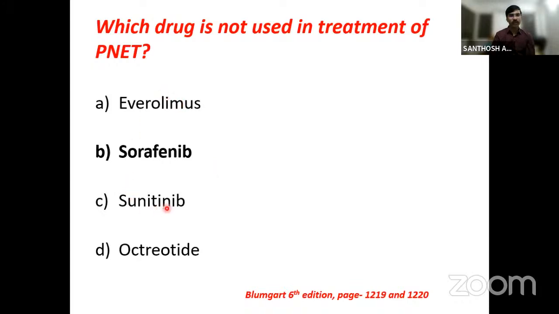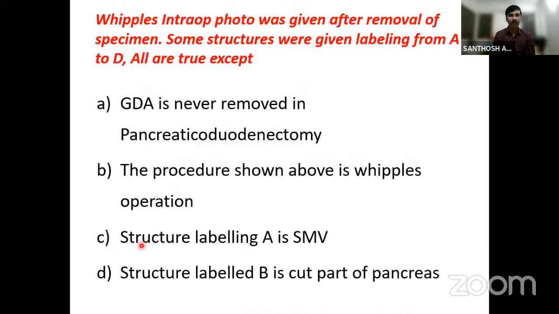Those include everolimus, sunitinib, and octreotide. See, octreotide, though proven and recommended to be used in functional neuroendocrine tumors, a few studies have also shown to increase the life expectancy or the progression-free survival in non-functioning neuroendocrine tumors also for a very meager period, say 6 months or so. Okay.